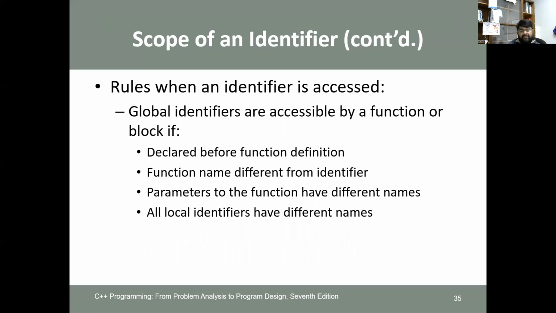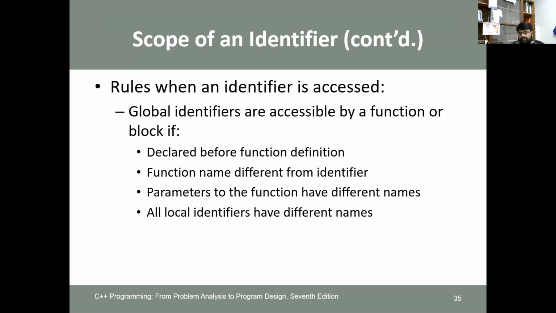The parameters to the function should be different from the global identifier. For example, if you have a global identifier named x and a local identifier in the function which is also called x, then if you use the name x, it will always refer to the local identifier.